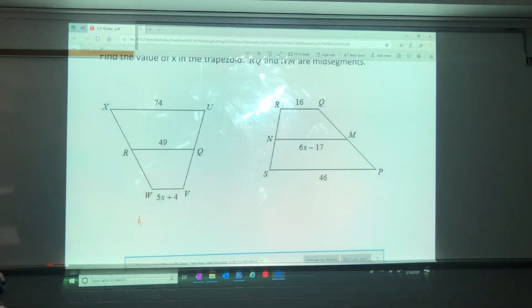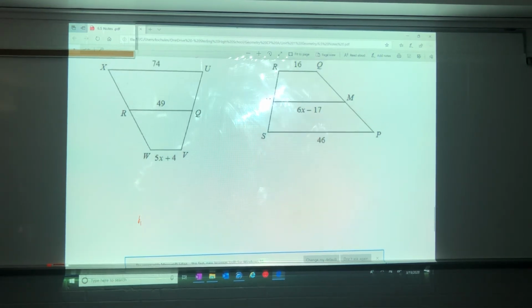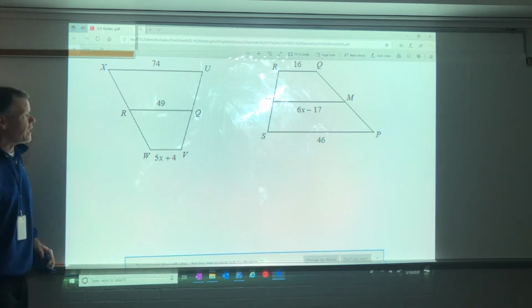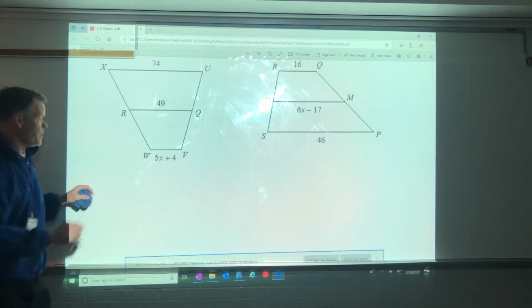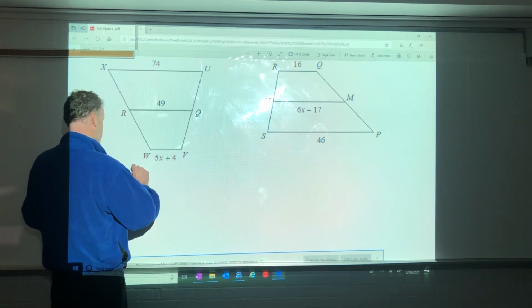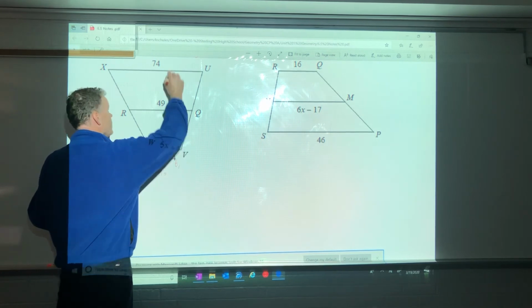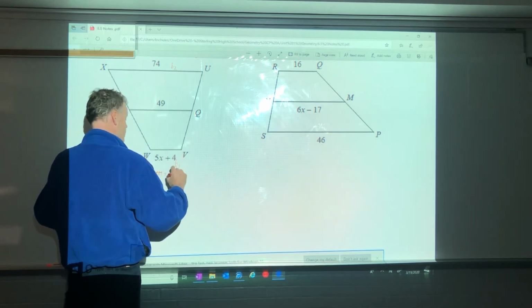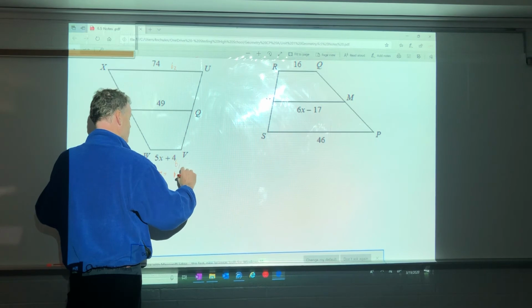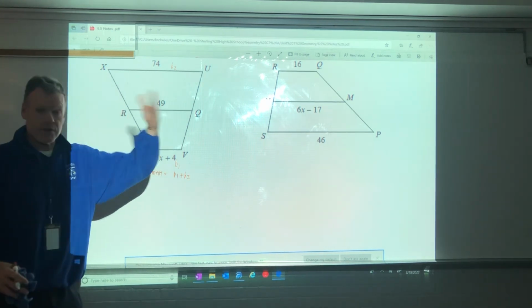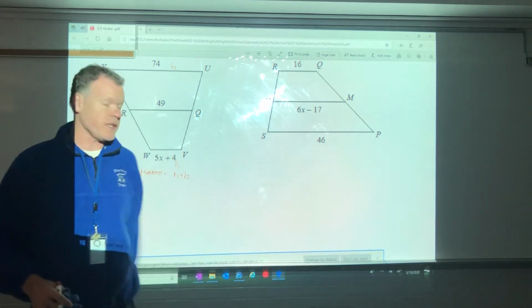We're trying to find the value of x on the first one, and we're going to look at 2 times the mid-segment equals base 1. I just like rewriting it every time. When I do this the first time around, I always tell you, I'll write more than you need to write.